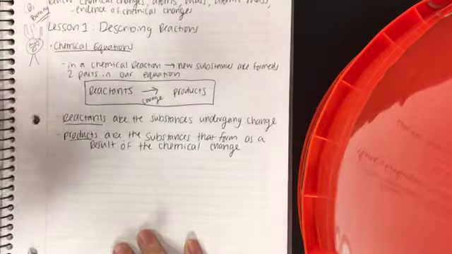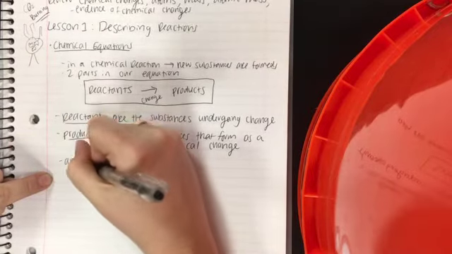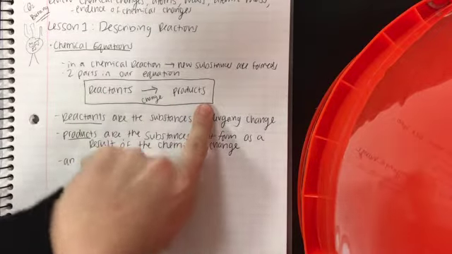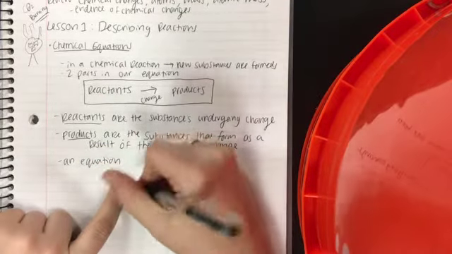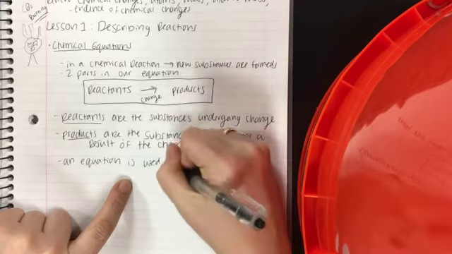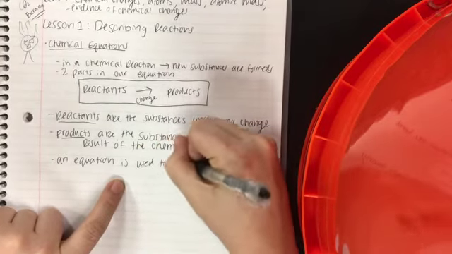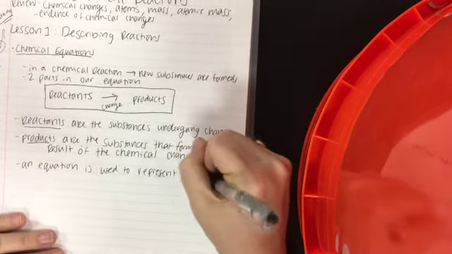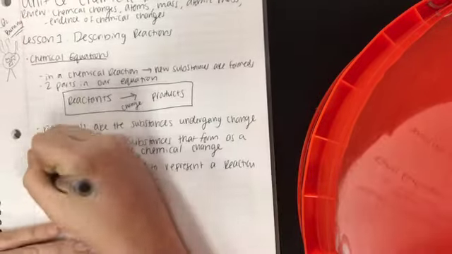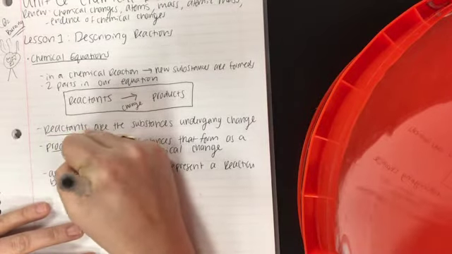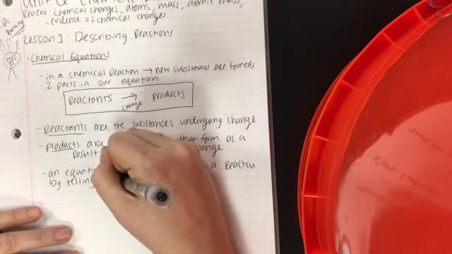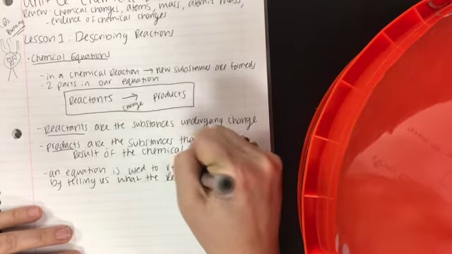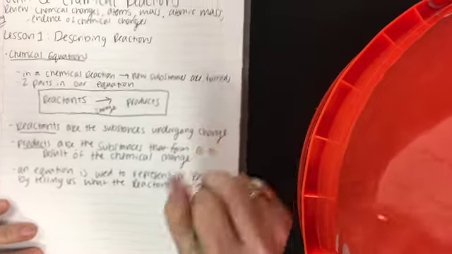Okay, so this equation, an equation is used, this one right up here, reactants make products, right? An equation is used to represent a reaction by telling us what the reactants are and what the products are.